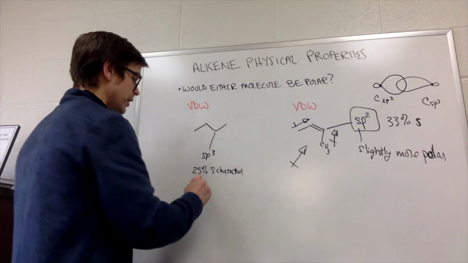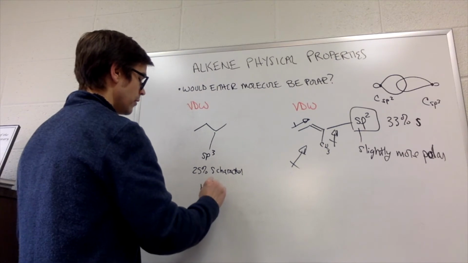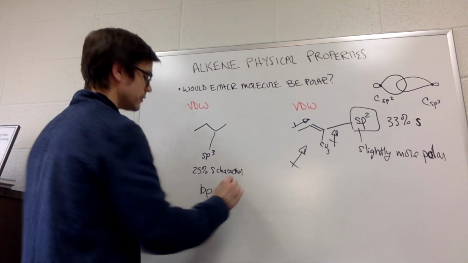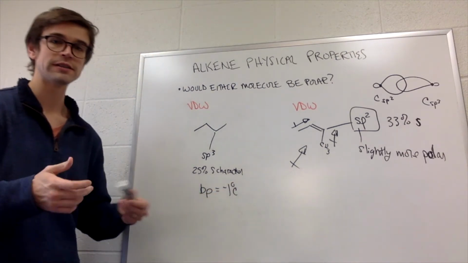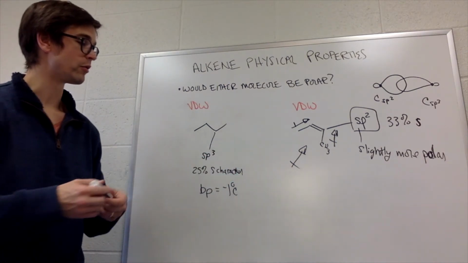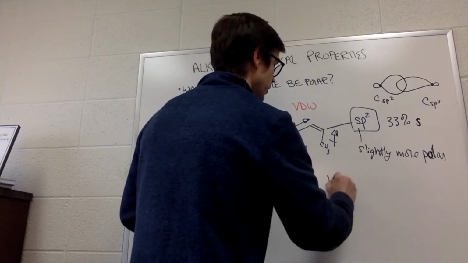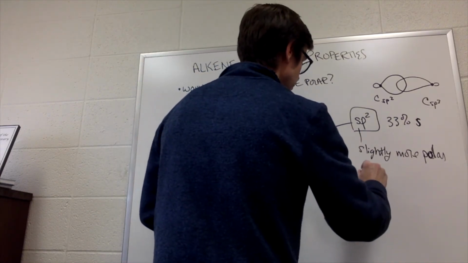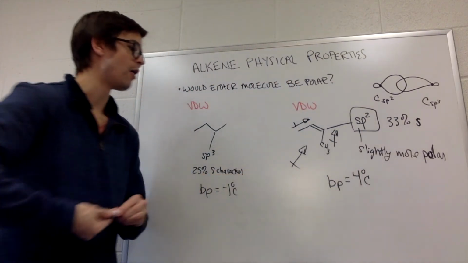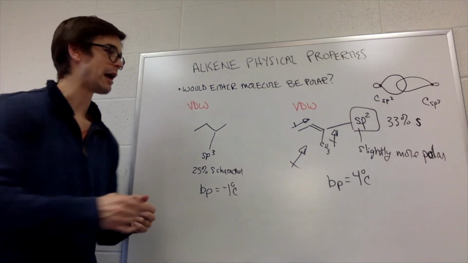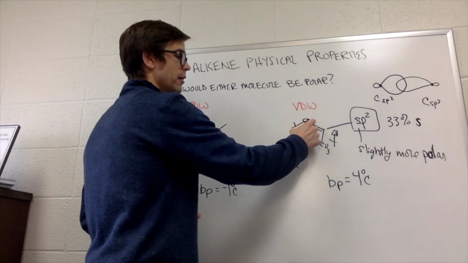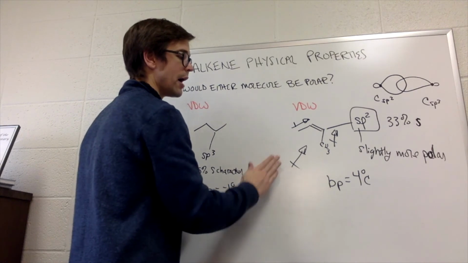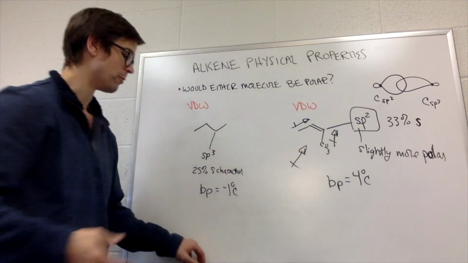And this molecule here has a boiling point of -1 degree Celsius, butane. It turns out that cis-butene, this one over here, has a boiling point of, I think, 4 degrees Celsius. So somehow the heightened s character allows for a bond to be a little bit polarized, creating a small dipole moment.